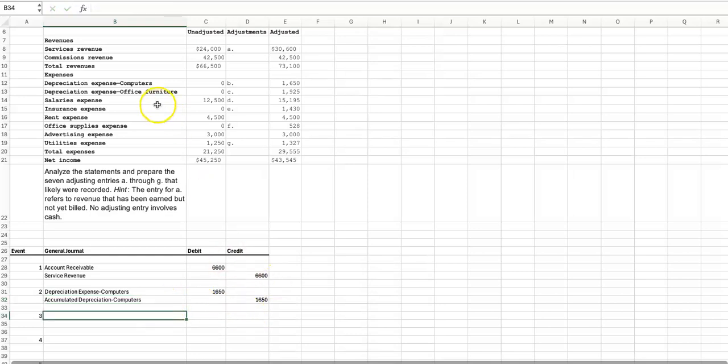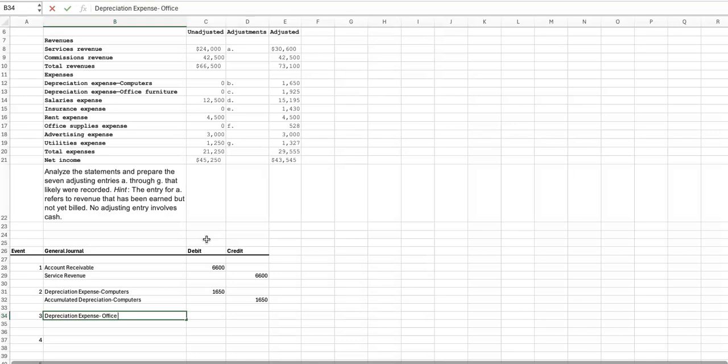Kind of self-explanatory, but the same thing goes for the depreciation expense for office furniture. The adjusted amount is now $1,925, so originally it was 0. We'll put in the same thing: depreciation expense, and because it is an expense, it's going to be debited.